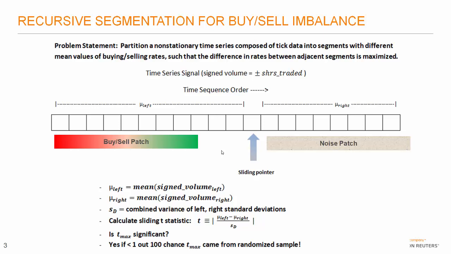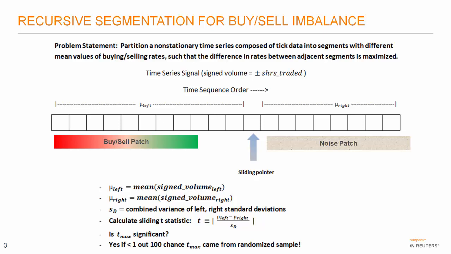Every trade in the time series is associated with a volume and also a sign, a plus or minus, depending on whether the trade is associated with an uptick, in which case we say the trade was initiated by a buyer, or a downtick, in which case we say the trade was initiated by a seller. And the aggregate of these signed volumes will determine where the net buy patches and the net sell patches are along the time series.